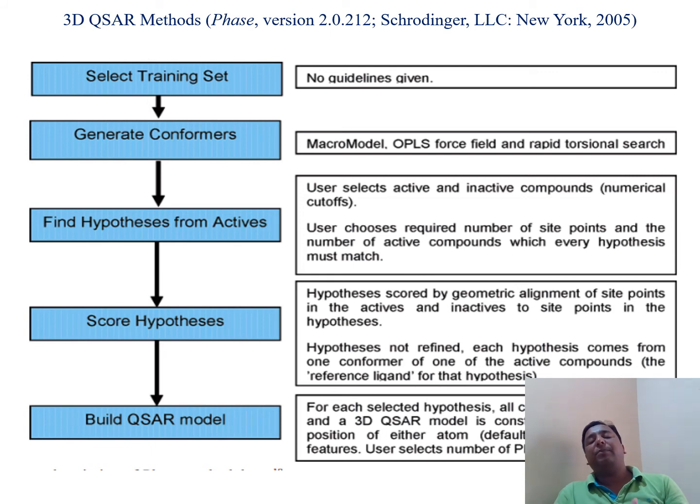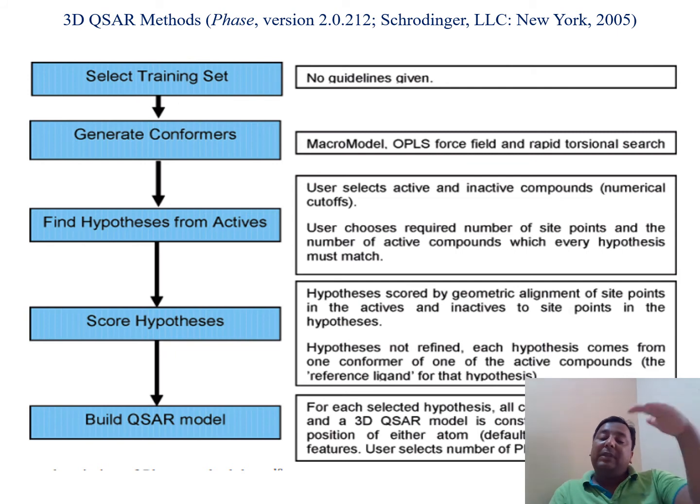So out of 100 hypotheses, only a few will have an R square value and R square CV value more than 0.5, which we have discussed before. We will separate all the hypotheses which have more than 0.5 R square and R square CV values. Suppose 10 hypotheses have more than 0.5 R square and R square CV value.